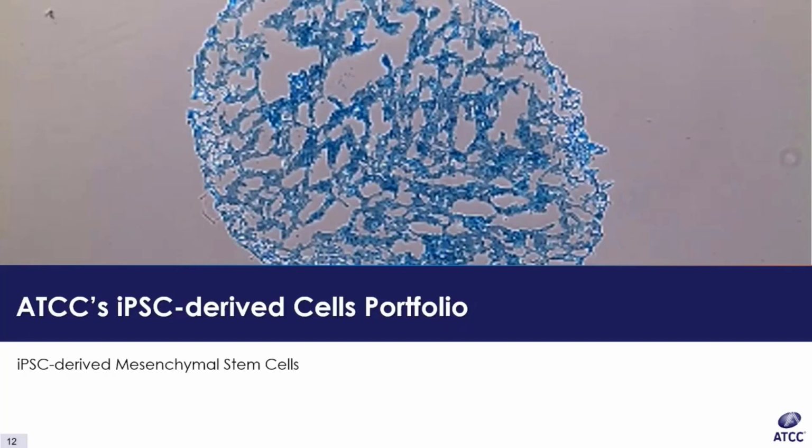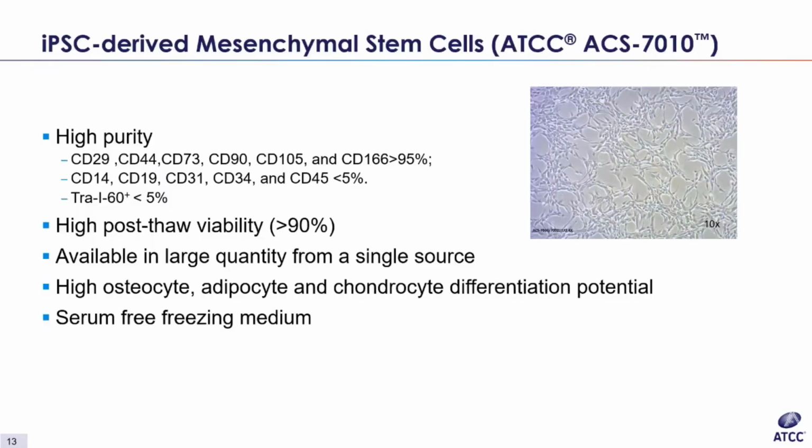Now let's take a deeper dive into ATCC's new iPSC-derived differentiated primary cell portfolio. The first product I'd like to talk about is iPSC-derived mesenchymal stem cells, ATCC part number ACS-7010.